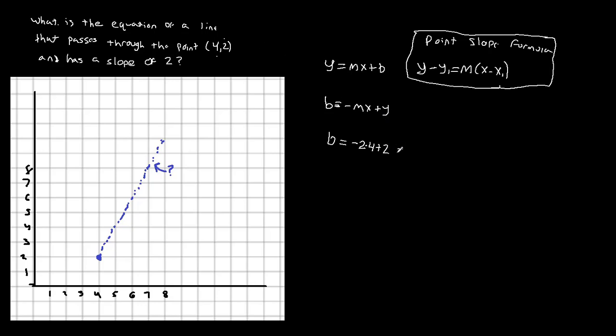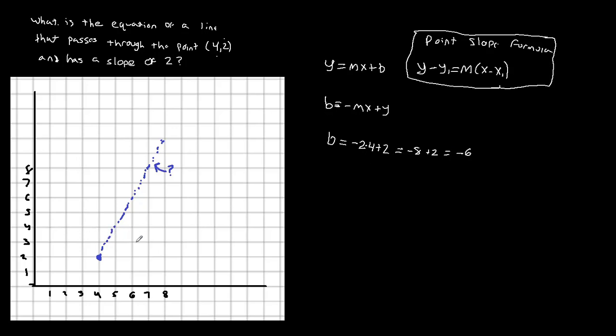Let's walk through the arithmetic here. Negative 2, because we're going to do PEMDAS, order of operations, do your multiplication before your addition. Negative 2 times 4 is negative 8, plus 2. That's going to be equal to negative 6. All right, so our b is negative 6.